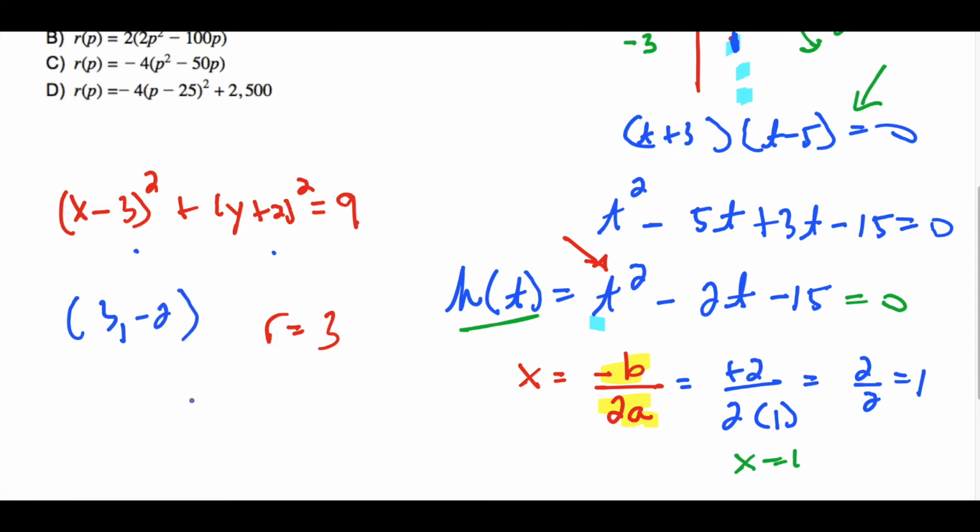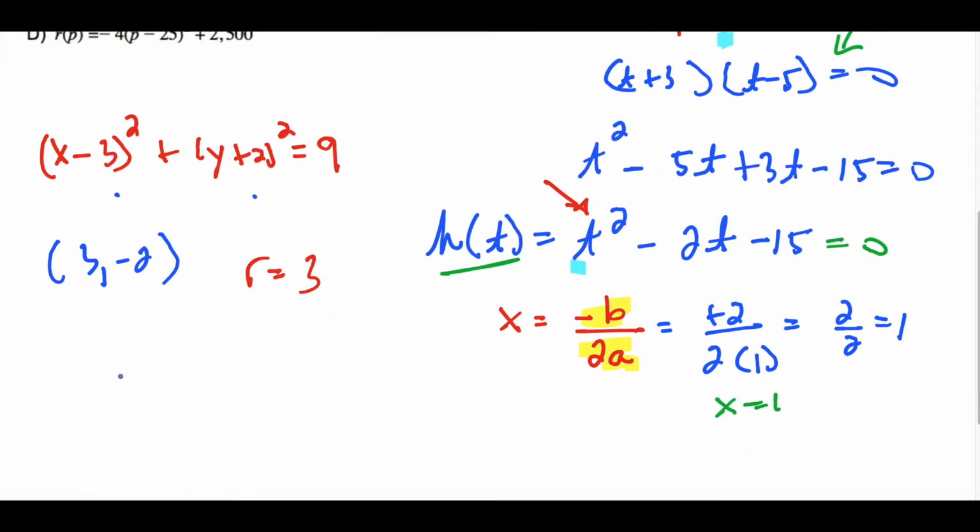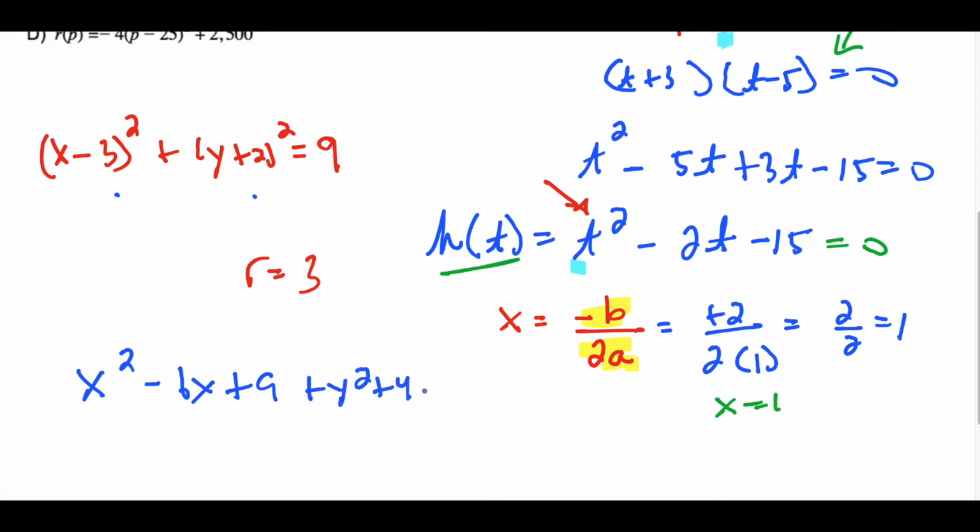Oh, I see what you mean. Okay? But if I were to open this up, it's a little annoying to do, but you can do it. Let's see if you can do it the fast way. X squared minus 6x plus 9. Cool. Open up the second one. Y squared plus 4y plus 4. Equals 9, right?